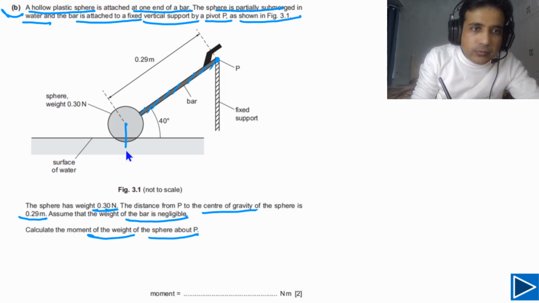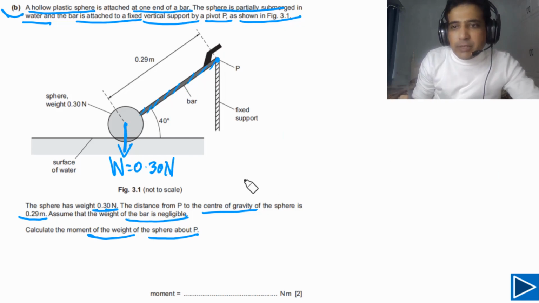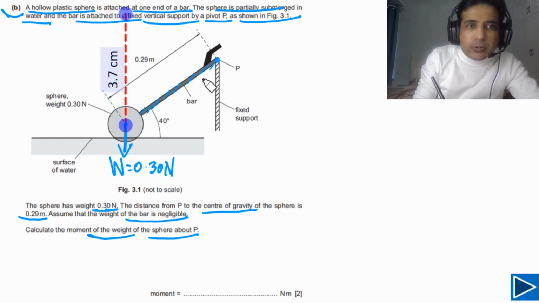So we can draw an arrow for the weight. Weight is acting vertically down. So this is W, and the magnitude of W is given, that is 0.30 newton. We need to calculate the moment due to this force about this point. So this is the line of action of the force, and we can also draw a line here.